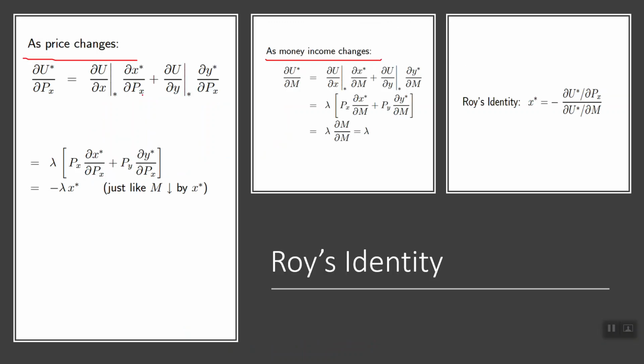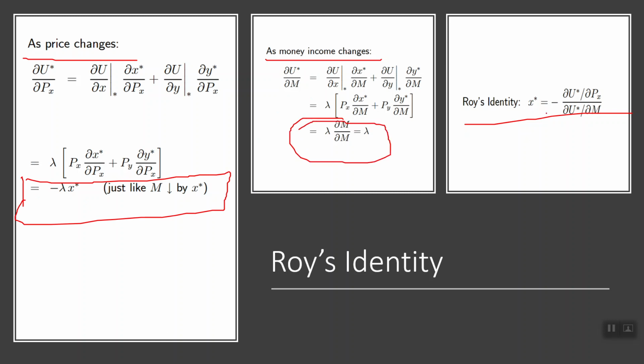So now we saw the derivation, how using price changes and money income changes we define Roy's identity. We derive the equation by price changes and the equation by money income changes, and then similarly we derive Roy's identity where x will be du by dpx and du by dm.